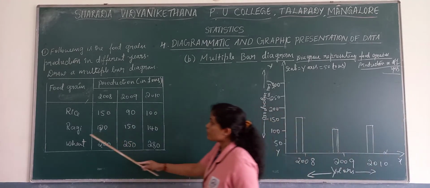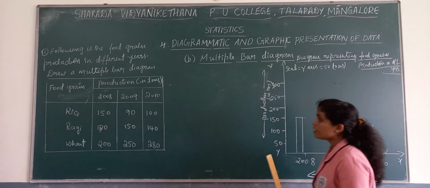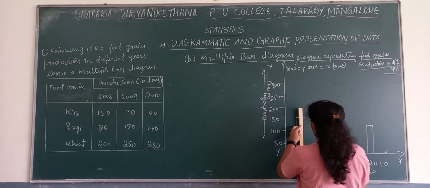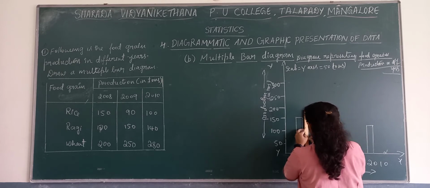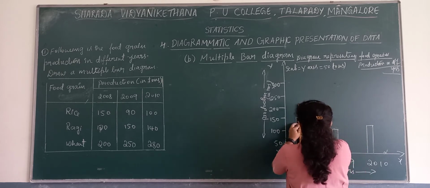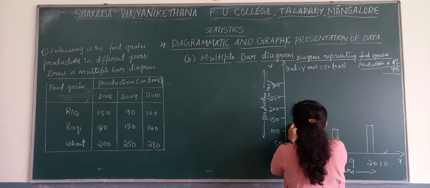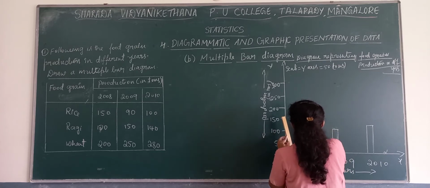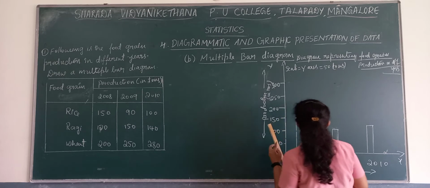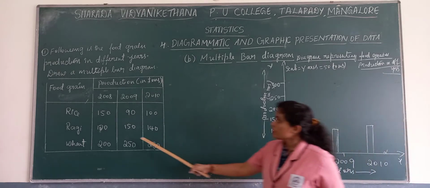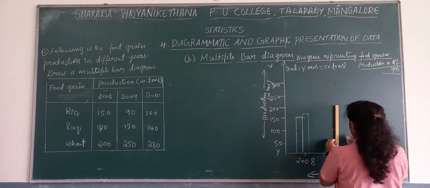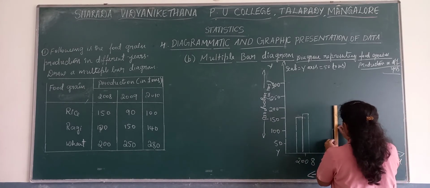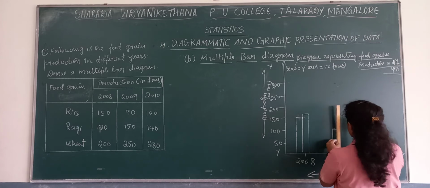Next we will see ragi. In 2008 it is 120, which means on an average it is 120 here. In 2009 it is 150.